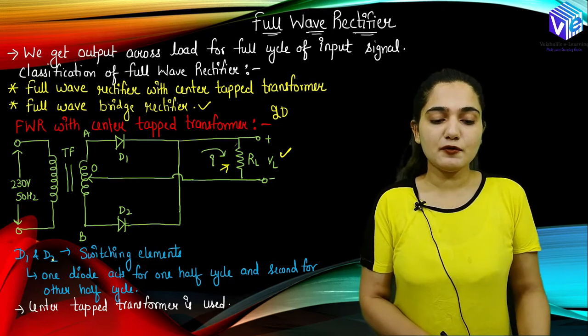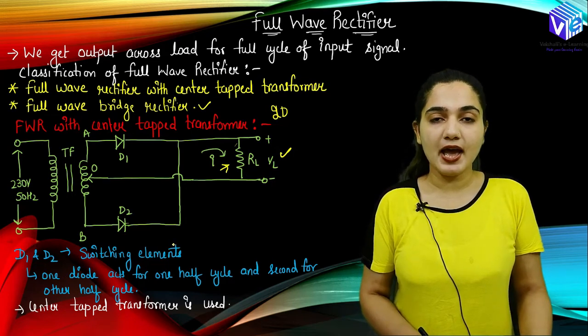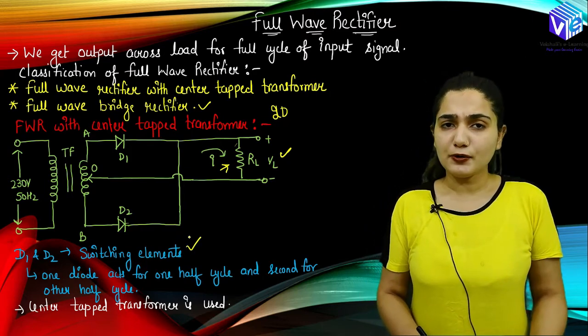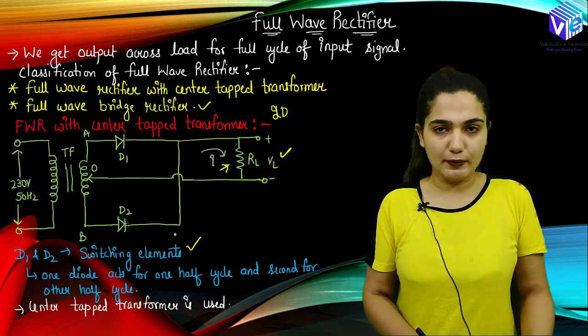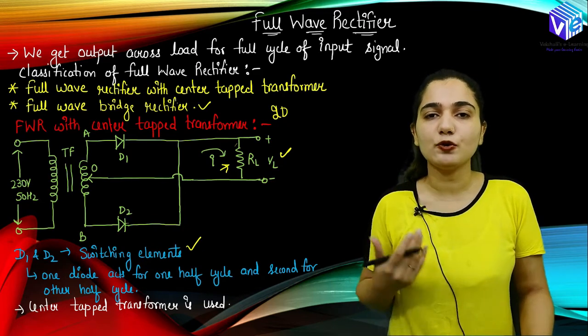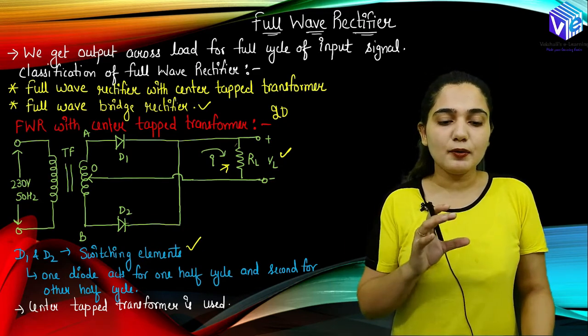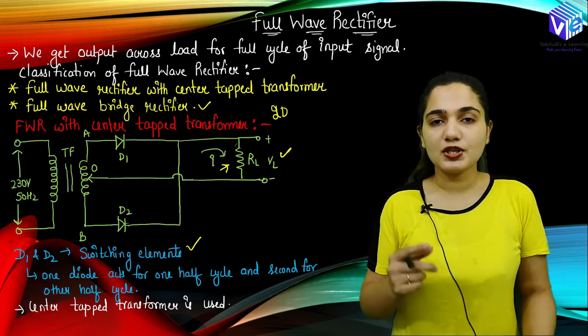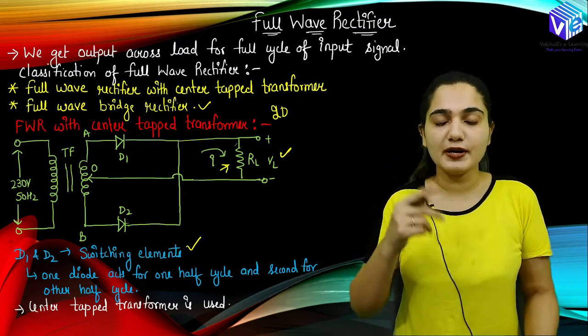Here we will be using two diodes, diode D1 and diode D2, which will be used as switching elements. We know the diode is going to conduct in only one direction. In the forward direction only it is going to conduct; in the reverse direction it will be an open circuit. So we will have two diodes which are going to conduct in the two different halves.